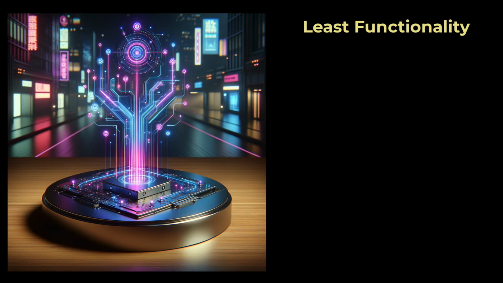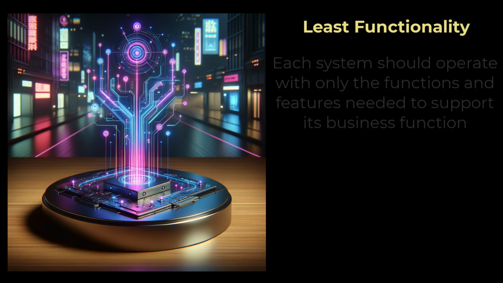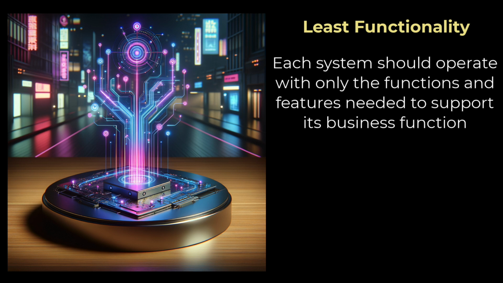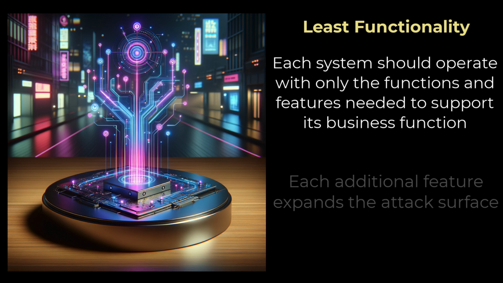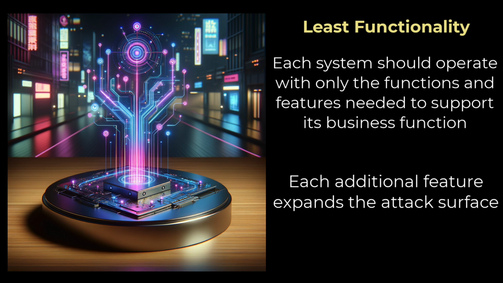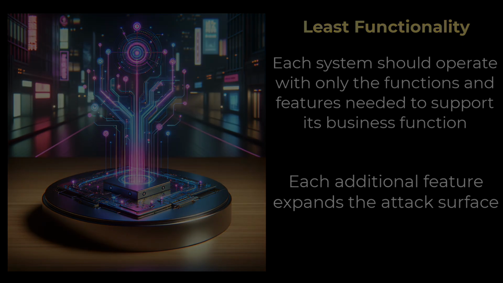The system and each component should operate with only the functions and features absolutely required to achieve its objectives and nothing more. Unneeded features or code should be removed or disabled. Every additional feature is a potential entry point for bugs or misuse.